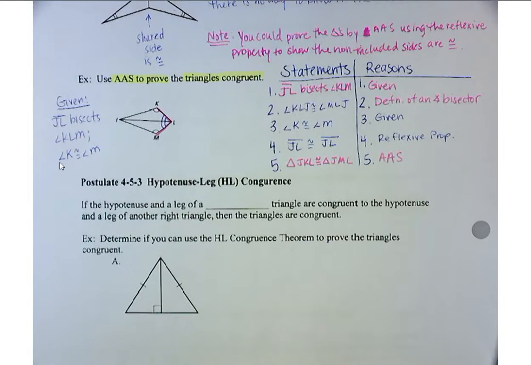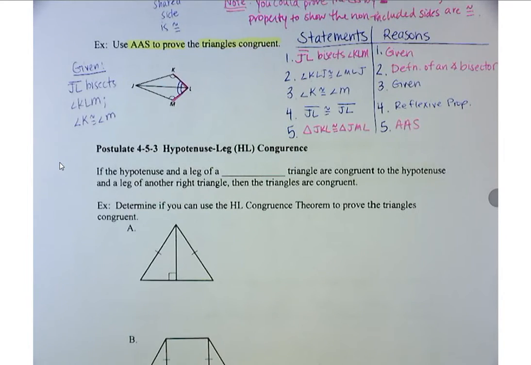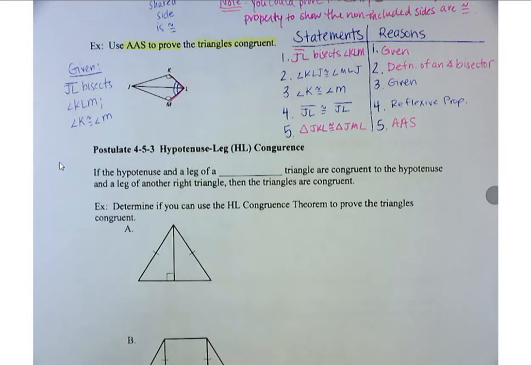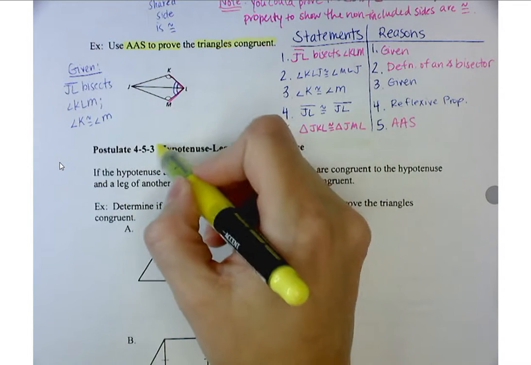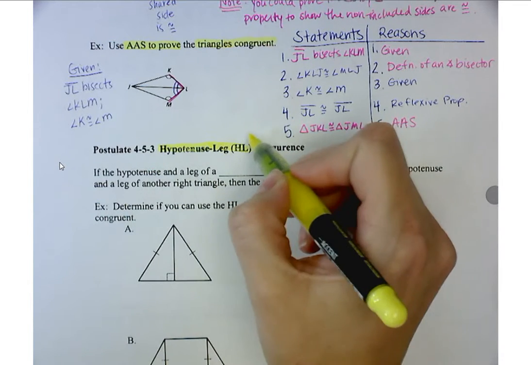All right, now we're going to learn about the last one, which is HL, where we don't have any S's or A's anymore. This one is a little bit different, because it can only be used with one type of triangle.